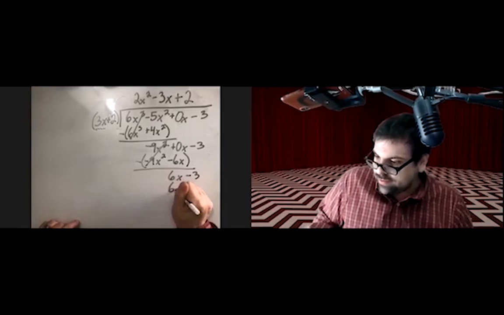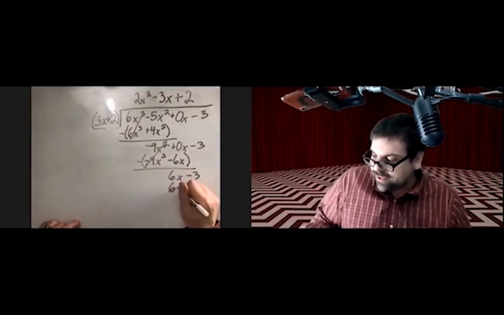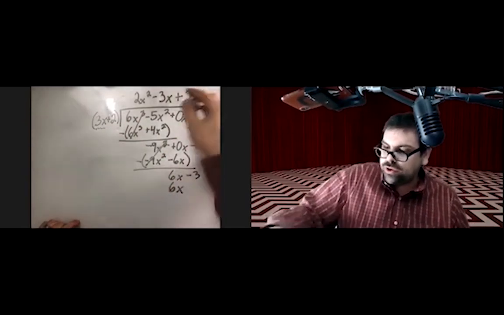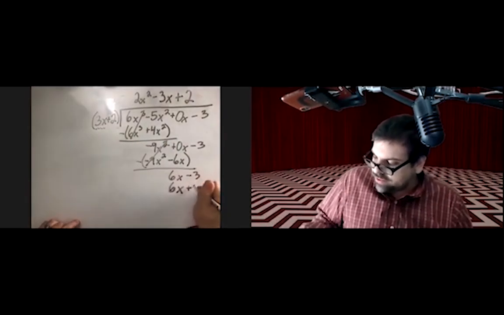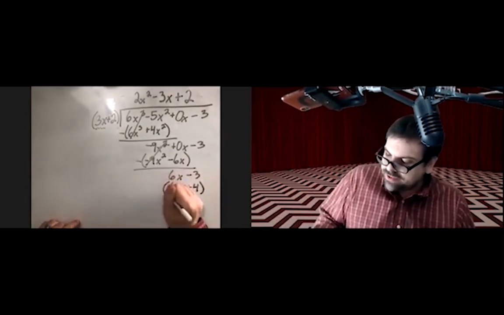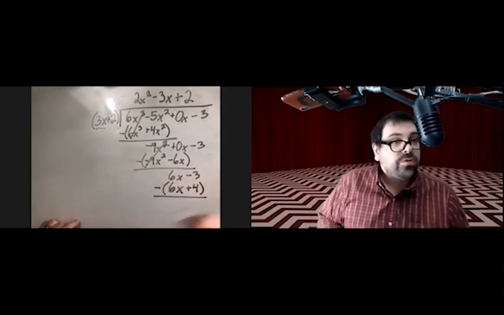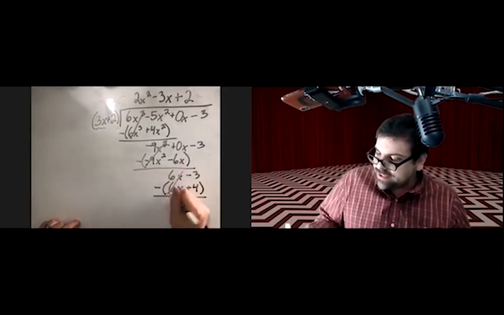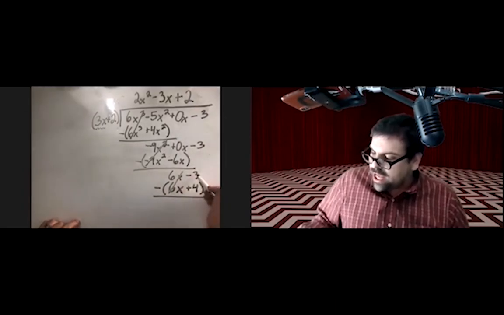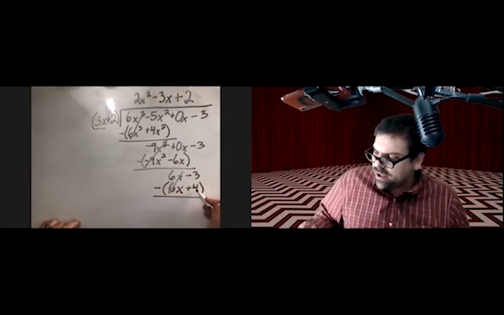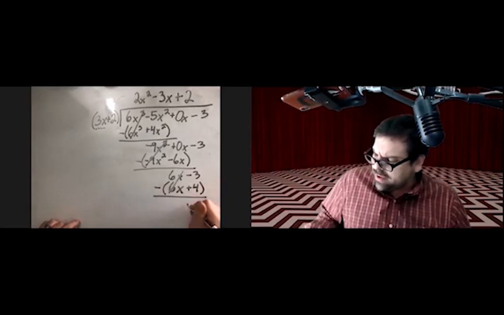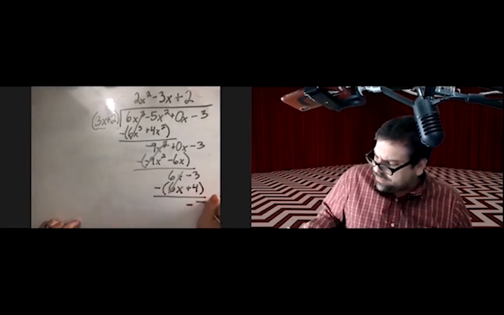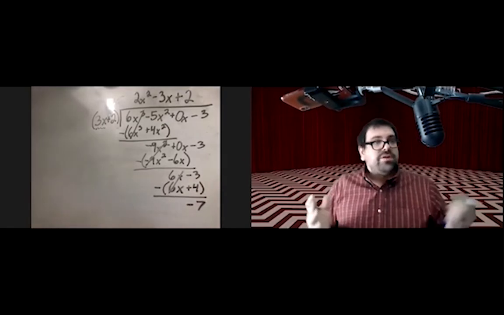That's 2 times 3x is 6x. 2 times 2 is positive 4. I'm subtracting the whole thing. 6x minus 6x, that goes away. Negative 3 minus positive 4 is negative 3 minus 4. I am left with the remainder of negative 7.